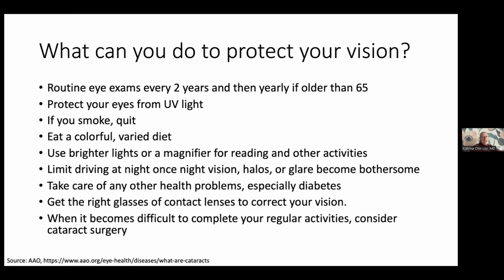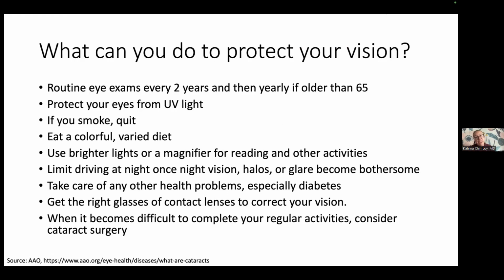In terms of what you can do to protect your vision, once you reach a certain age or once you hear that you have cataracts, or even before that, if you want to just protect your eyes because you know that cataracts are inevitable and will come eventually if you live long enough. Every 2 years, you should go in for a routine eye exam with dilation.